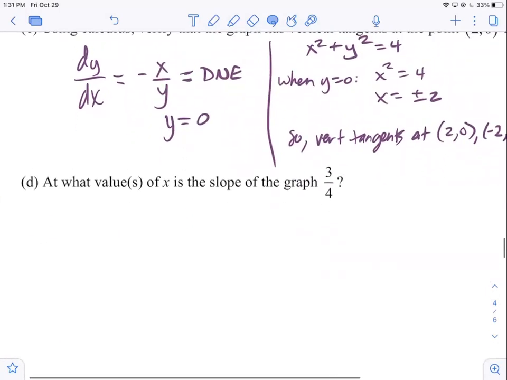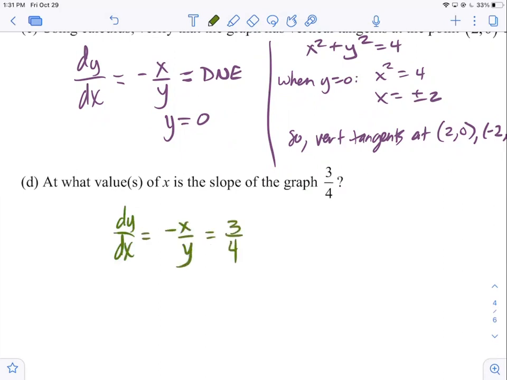So here's what we're going to do. At what value of x is the slope of the graph 3/4? So now we're going to take our derivative again, dy/dx, which is negative x over y, and we're going to set it equal to 3/4. And then we're going to solve. Well, what do you mean solve? I have one equation with 2 unknowns. Am I allowed to go straight across and say x equals -3 and y equals 4?